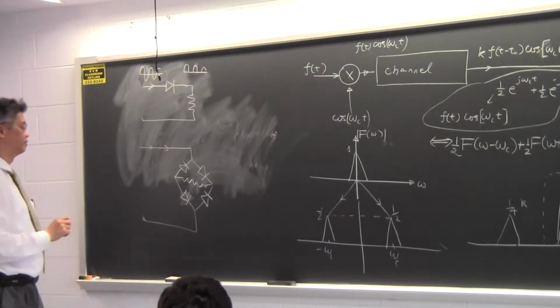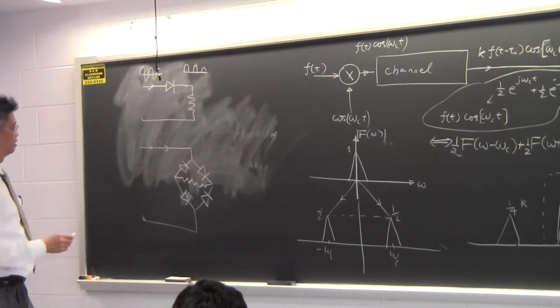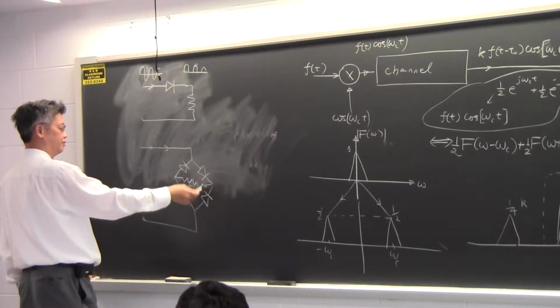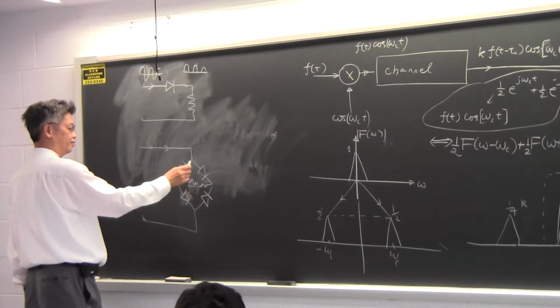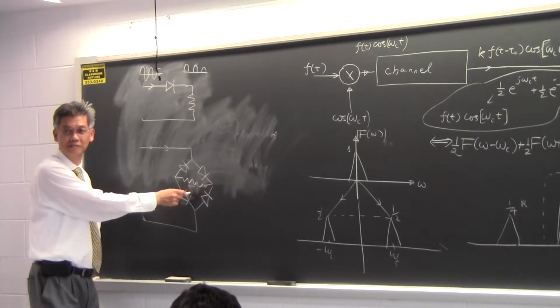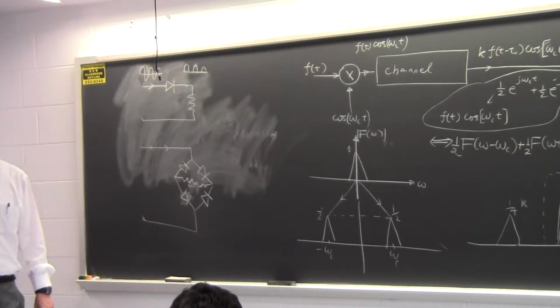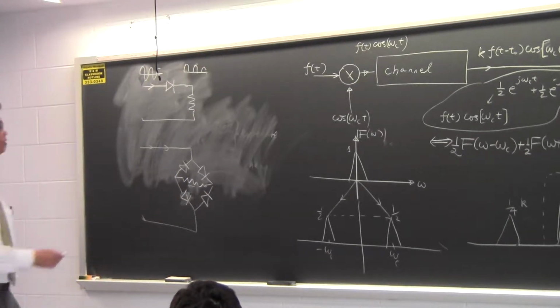So the current is always positive in the middle resistor because of the diode. A diode gives current flow in only one direction. So this is the full wave detector.